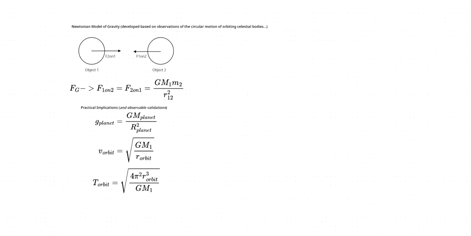So force of gravity is defined as a force of one mass attracting another mass. It's exclusively an attractive force. It's a third law force, just like all forces. So you need two objects to have the force. And if object one exerts a force on object two, then object two must exert the same force back on object one.